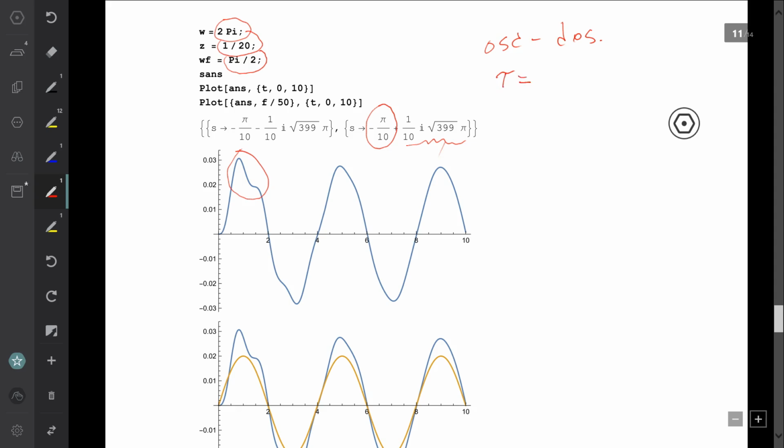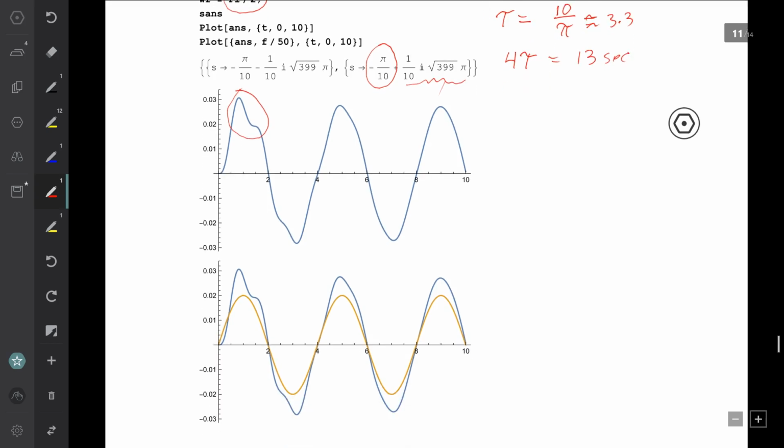The time constant in this case is you flip the plus minus sign, and you invert the real part. So this would be 10 over pi, which is approximately 3.3 seconds. When does it get to steady state? 4 time constants. That would be about 12, 13 seconds or so.